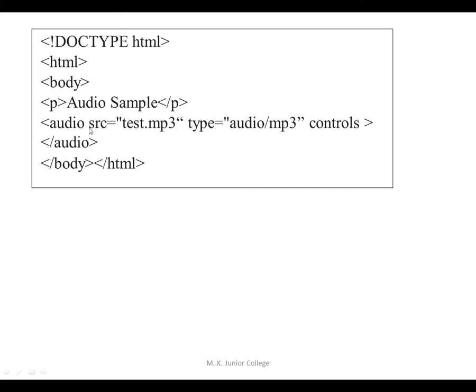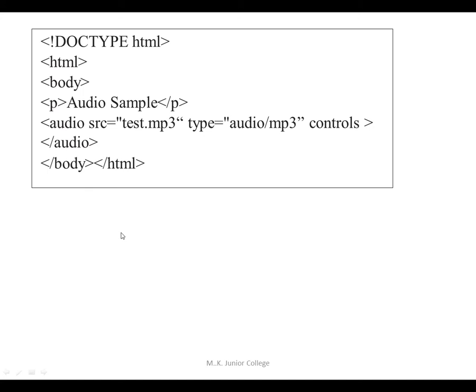Then audio src. Audio is the tag to add the audio. Src is to mention the source. Source I am giving as test.mp3. Type is audio, and format is mp3. Now here I am giving controls, that means the user will get the play and pause buttons. And at the end I am closing audio, closing body, closing html.